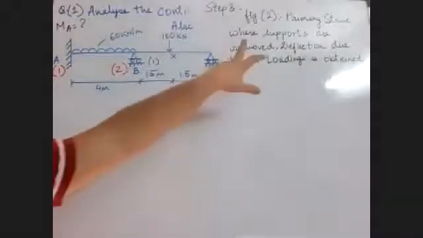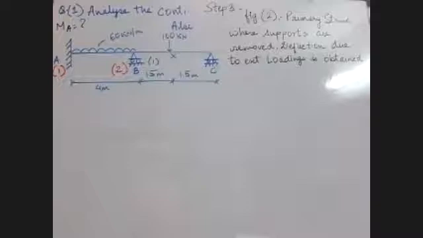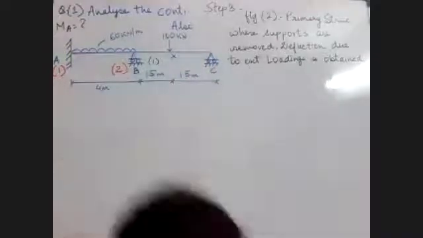So the figure will be like this. First write down: primary structure where supports are removed and deflections due to external loading are obtained.